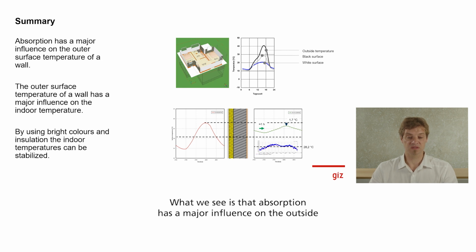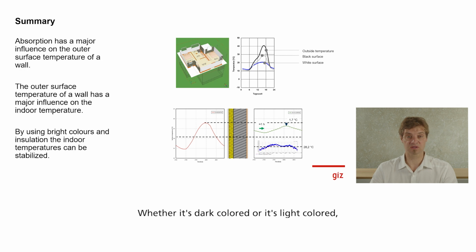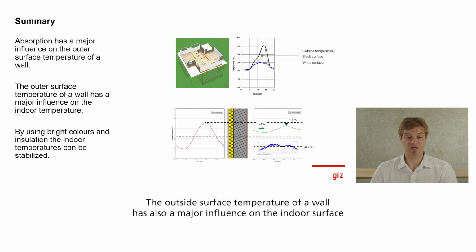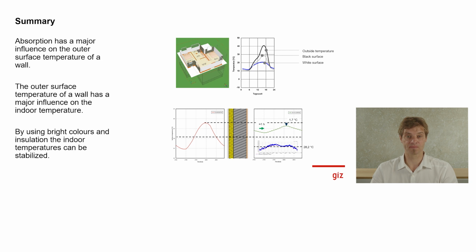So what we see is that the absorption has a major influence on the outside surface temperature of a wall. Whether it's dark colored or light colored, there's a major difference in the outside temperature that we have. The outside surface temperature of a wall also has a major influence on the indoor surface temperature, and also on the indoor temperature, as you have seen before.